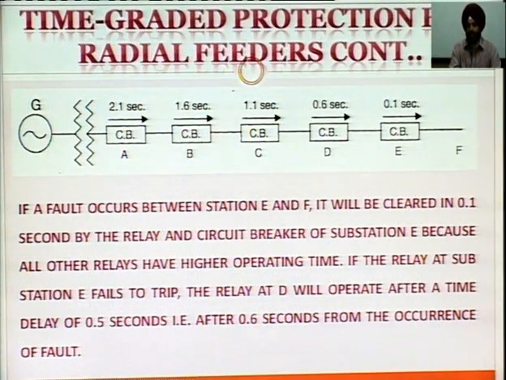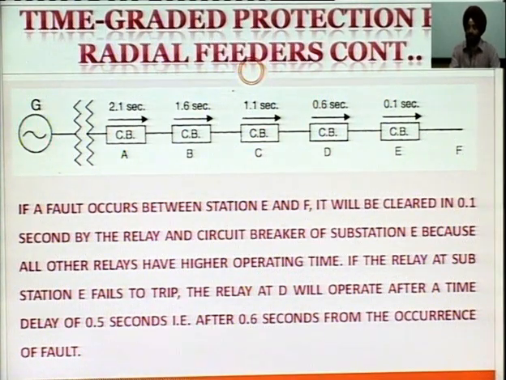So if the fault occurs in section E and F, the relay of circuit breaker E will operate and the fault will be cleared in 0.1 second. But if the relay at substation E fails to trip, the relay at D will operate after a time delay of 0.5 seconds.